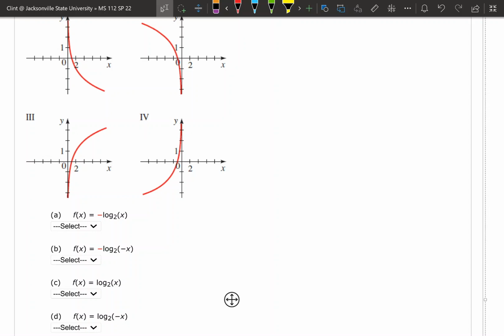So again, my strategy for one like this would be to think about what just the regular one with no minus signs would look like. So I'm going to start here. It's log base 2 of x. So if you can remember what just a log function looks like without any minus signs in there, we can get started on that. Remember which one that would be?